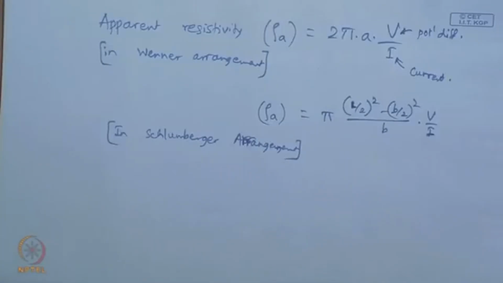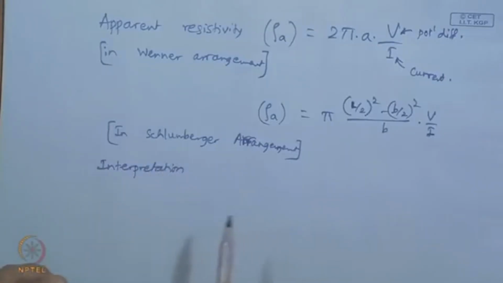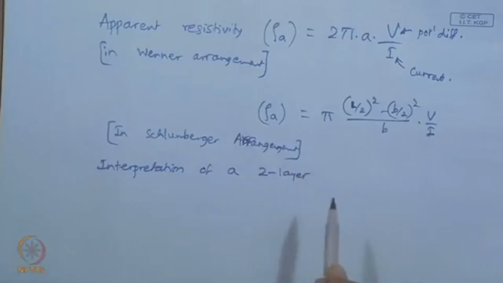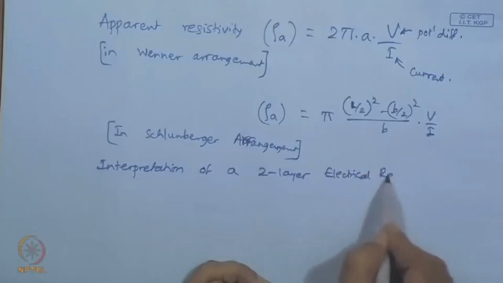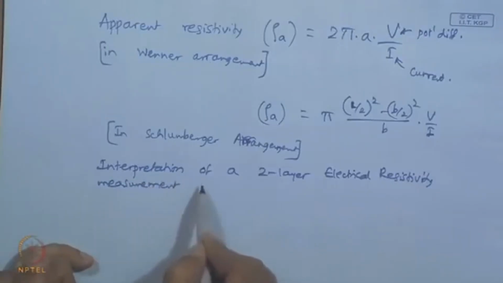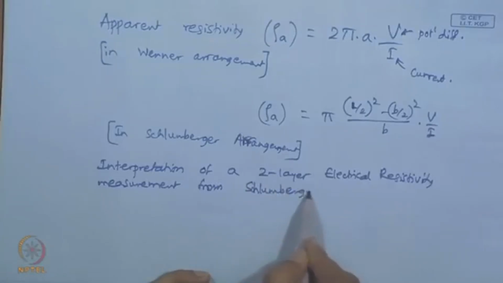And now, let us go for the interpretation of a two-layer electrical resistivity measurement from the Schlumberger arrangement.